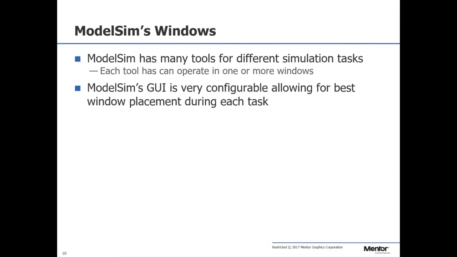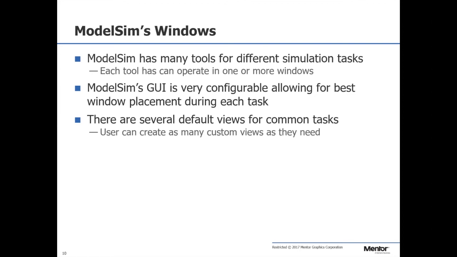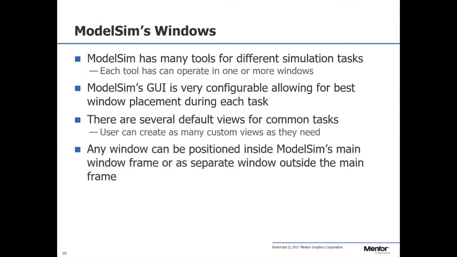As we said, ModelSim, great tool. There's a lot that goes on in the GUI, and the GUI is very configurable. So there's different views that are set up automatically, and then the user can configure those views. I'll show you that. You can position any window either within the docked frame, or you can undock any window.